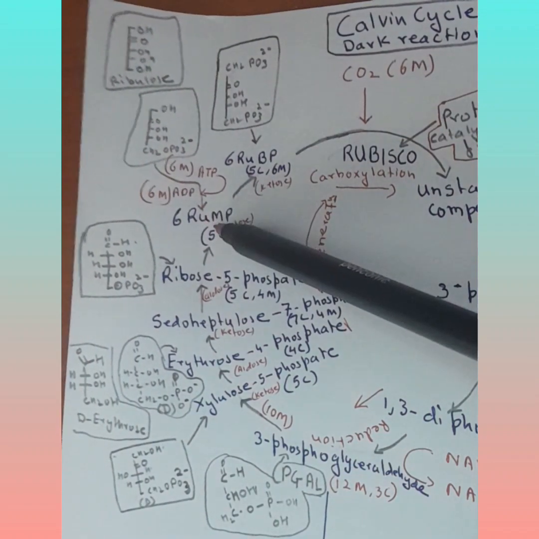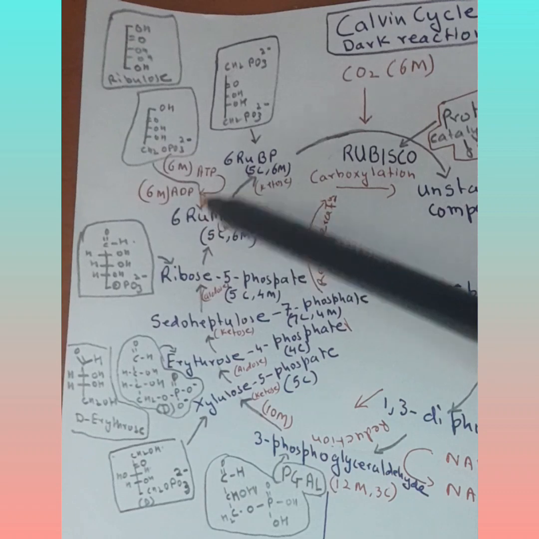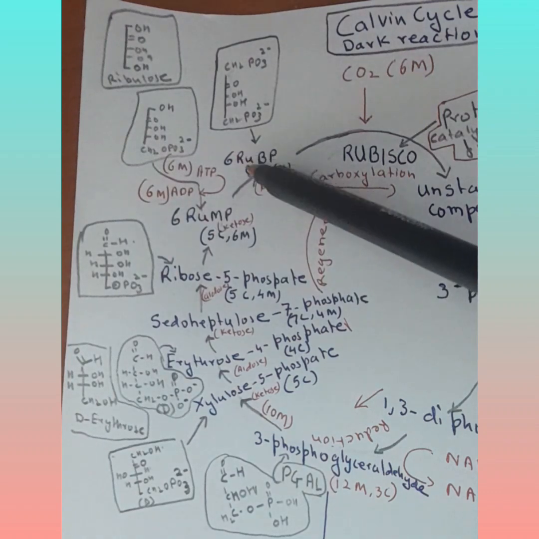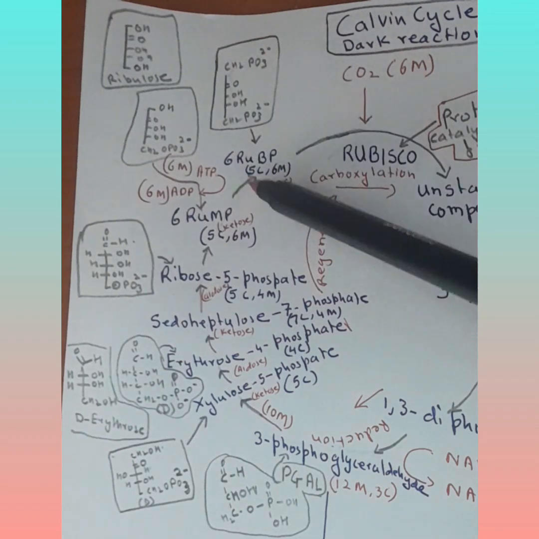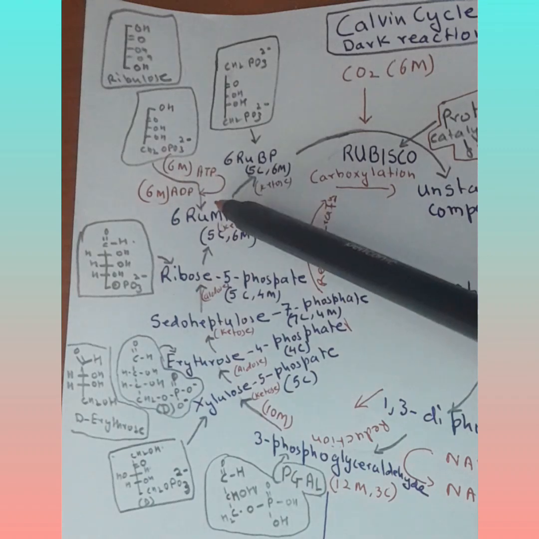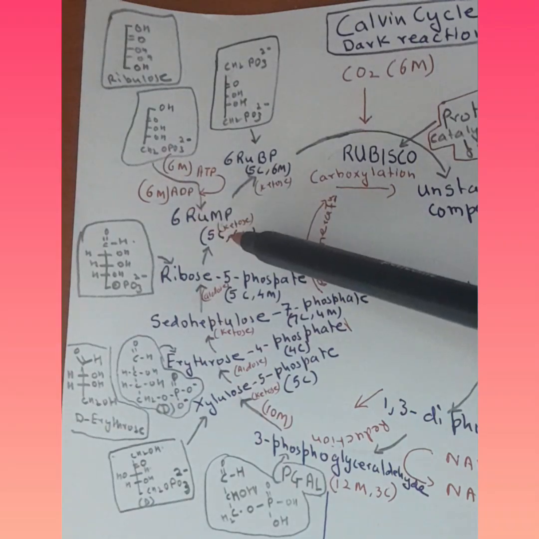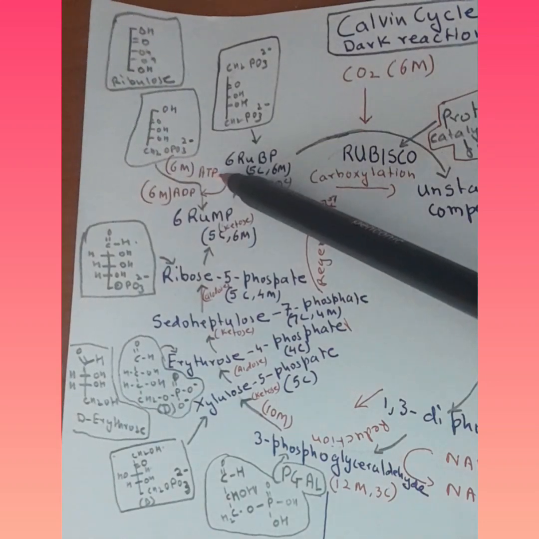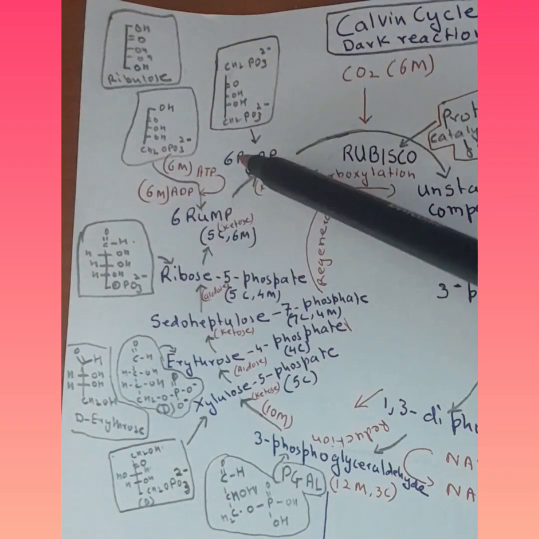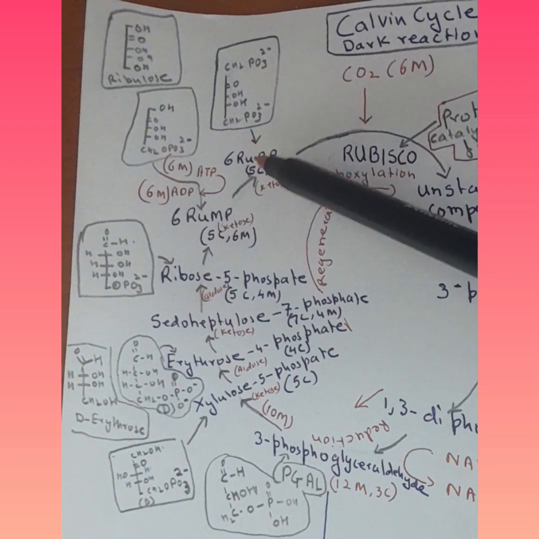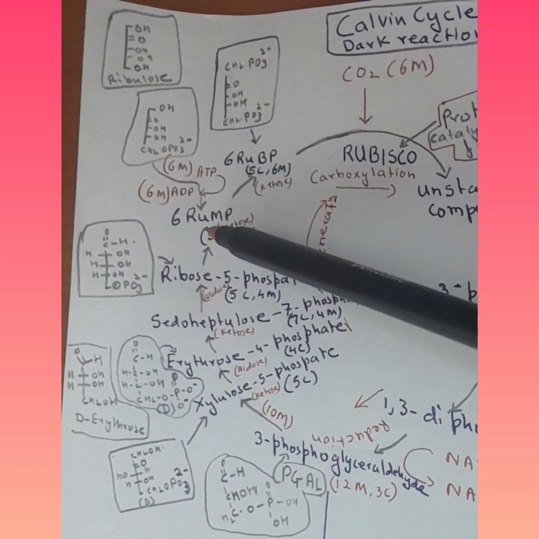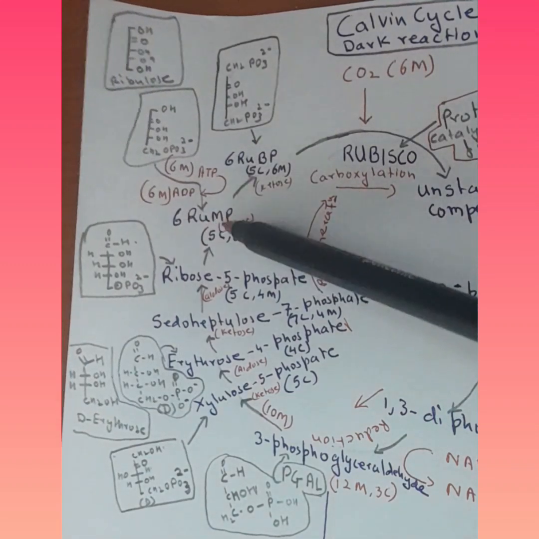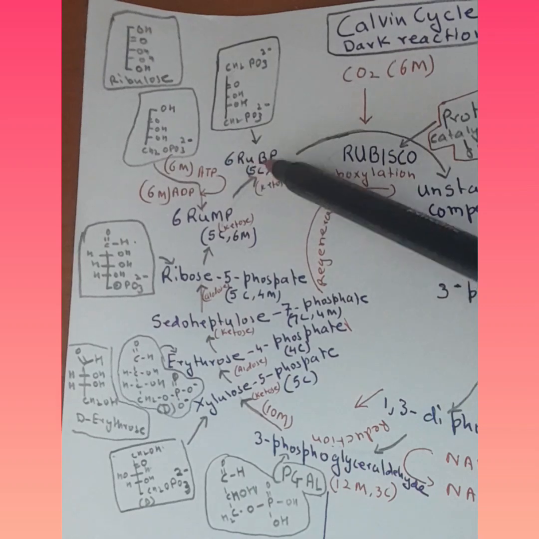Alright, so ribulose monophosphate then again gets converted to ribulose bisphosphate. Obviously it would be taking ATP. Since we are talking about 6 molecules, it would consume 6 molecules of ATP to phosphorylate 6 molecules of RuMP to 6 RuBP.